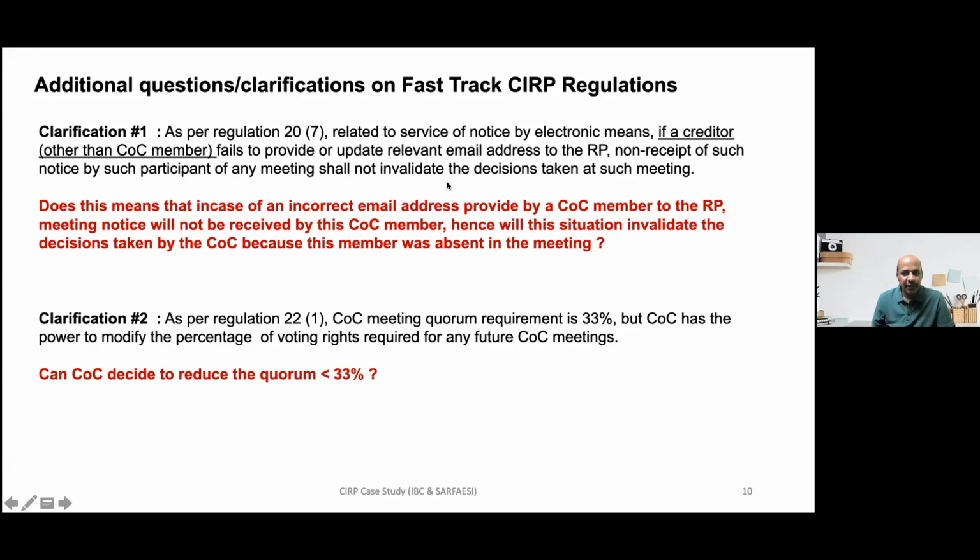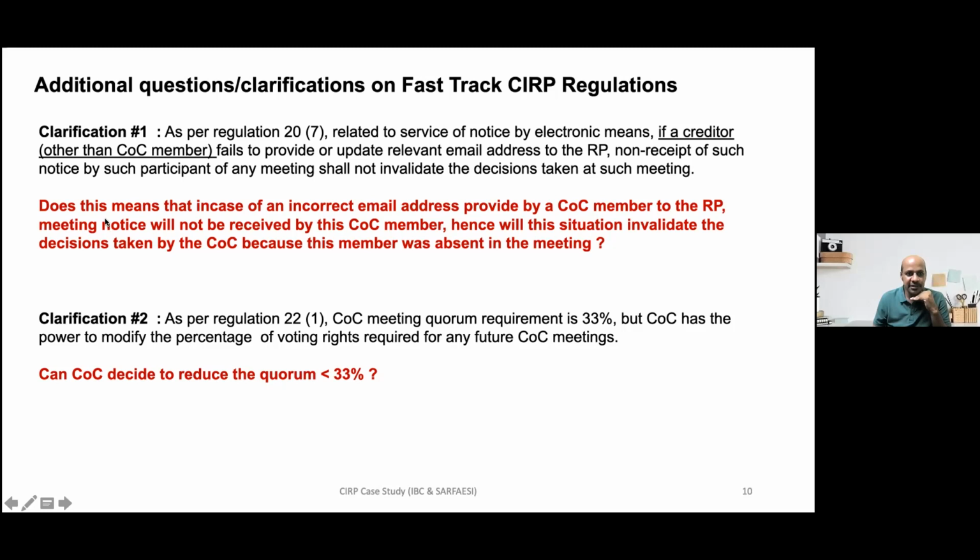Which means a financial creditor or any creditor who has not provided the right email address, because of which this creditor has not received any notice for the meeting, but the COC meeting happened, the regulation says that it will not invalidate the decision of that meeting.